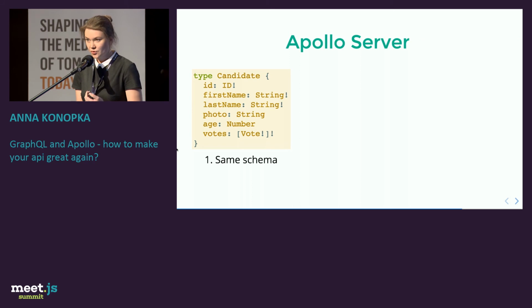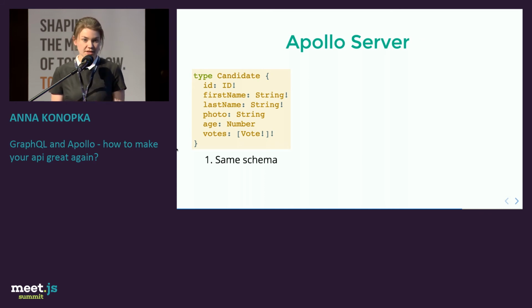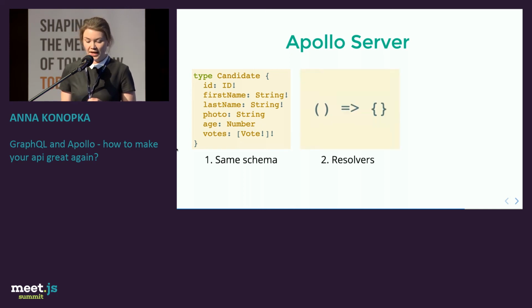So what do we need to actually make a GraphQL server? We have to have the same schema, because as I said, it's the most major thing when we are talking about an API that is defined by GraphQL. And we have to write resolvers.